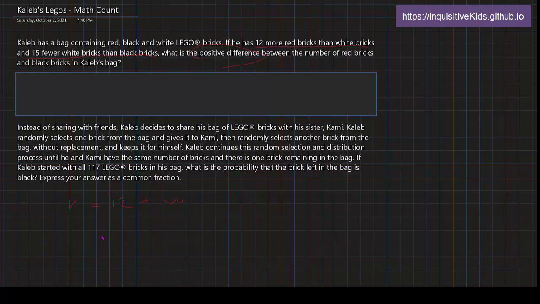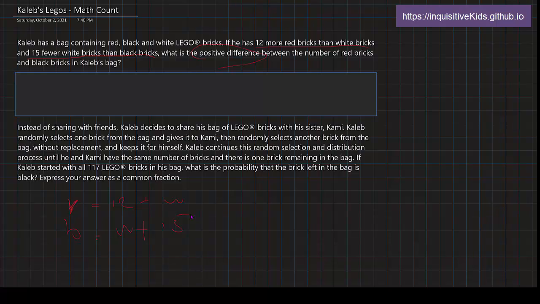And then we know that W is equal to black minus 15. You could think of it as black is equal to white plus 15.